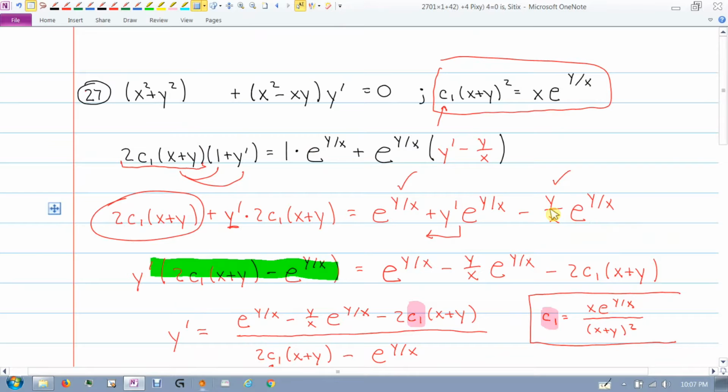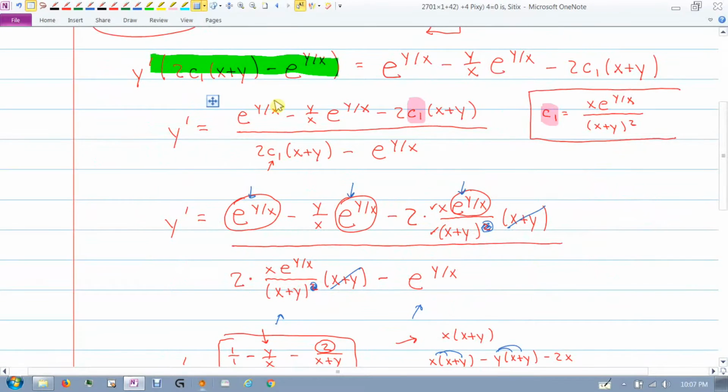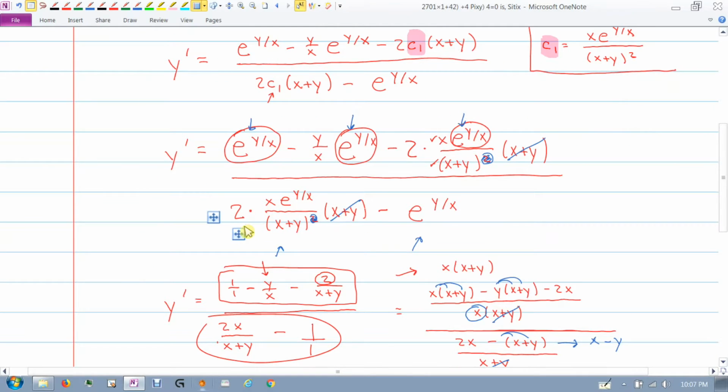C1, did I solve right there for C1? Distribute x, x, y, got that, x plus y squared. Wrote that, and then minus y over x, this is good. Minus 2c1, so c1 was x, y, x, e to the y over x, and then over this squared, and then these canceled, and then 2c1.